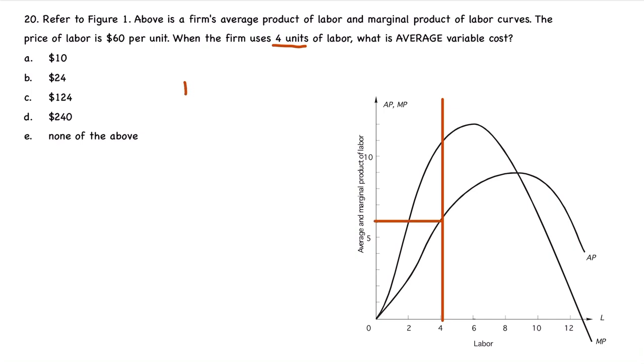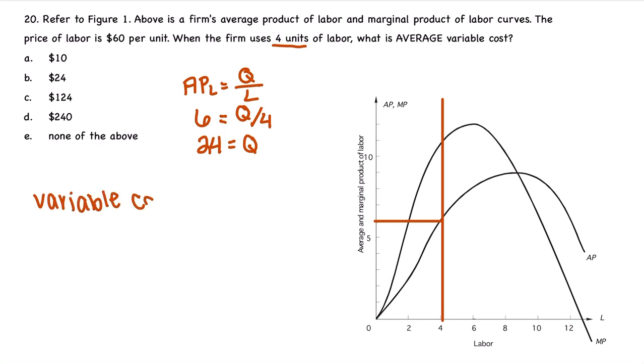So we know that our average product of labor is quantity divided by labor. We know that our average product is 6 when our labor is 4, which means our quantity is 24. So our variable cost is going to be the price of our labor times the number of units we're using.